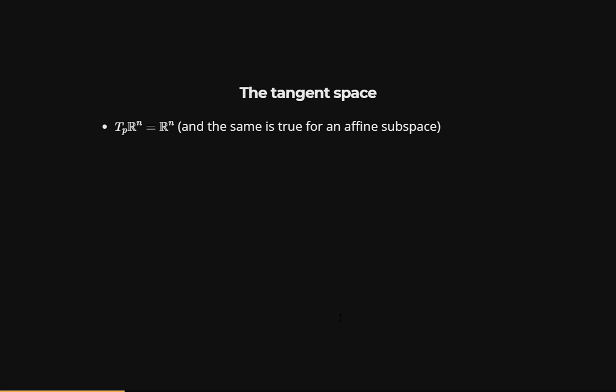Okay, so the tangent space. The tangent space of Rn is Rn. And the tangent space of an affine subspace is not exactly the affine subspace. It's the vector subspace which is parallel to it. But anyway, this is a bit of a detail.